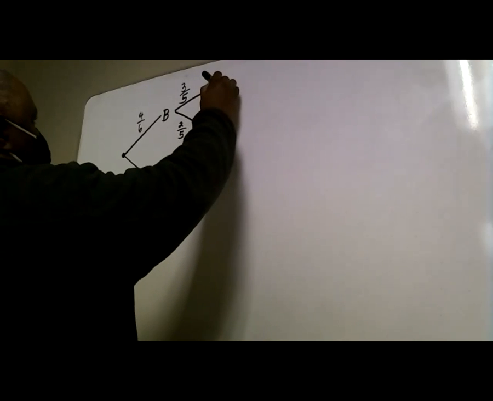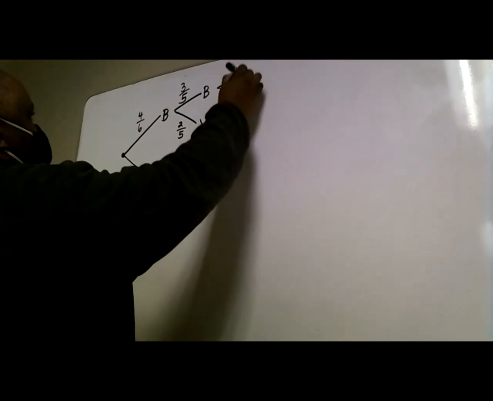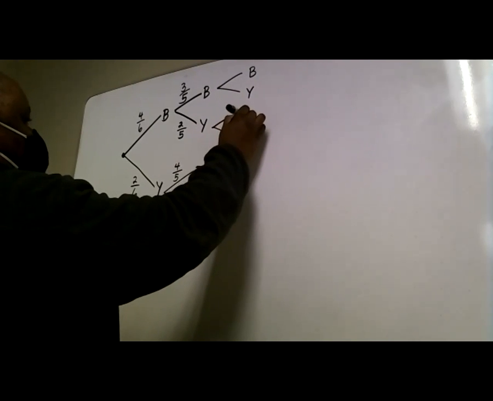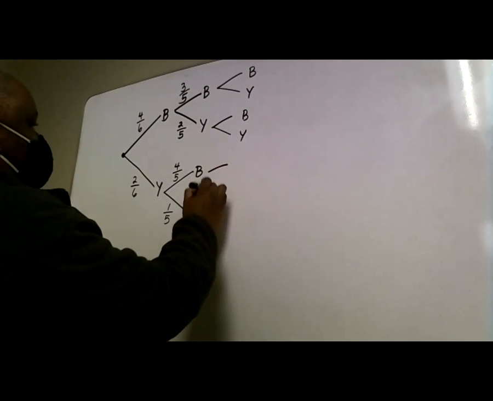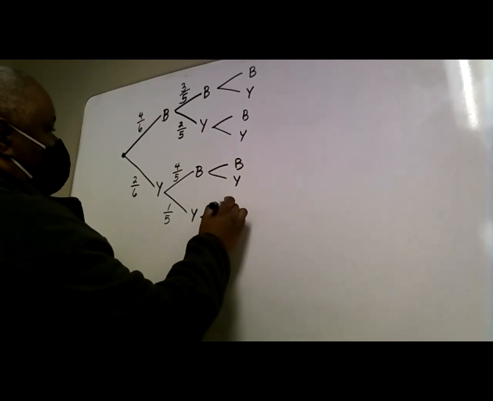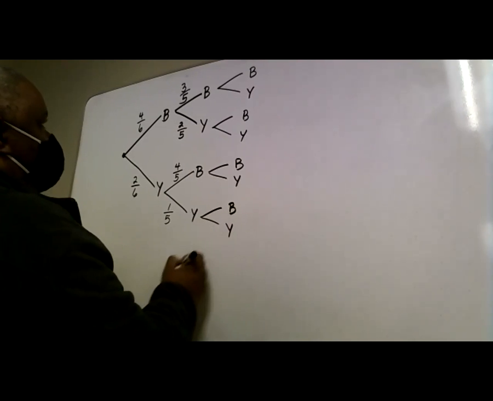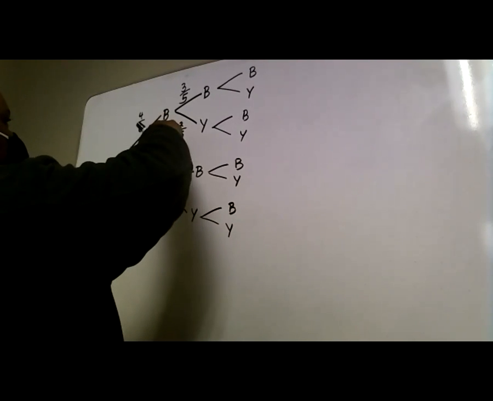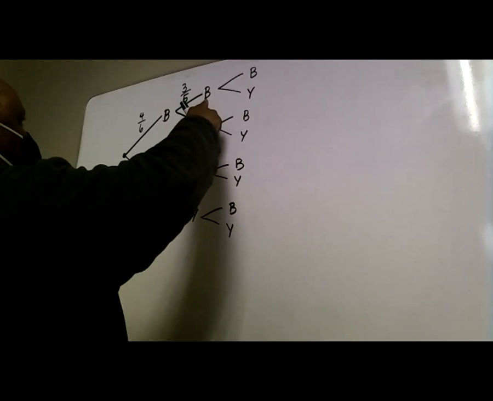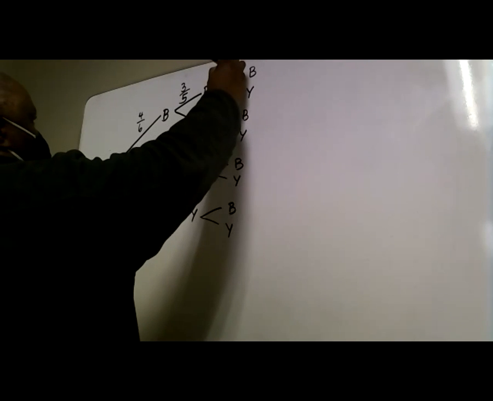And then if there was a third draw, a blue or a yellow on each one of these. So if the first one was blue, the second one was blue, then I'll be left with 2 out of 4.